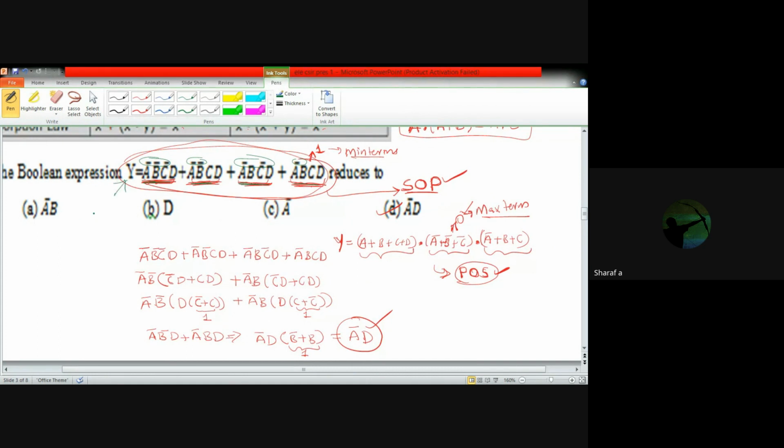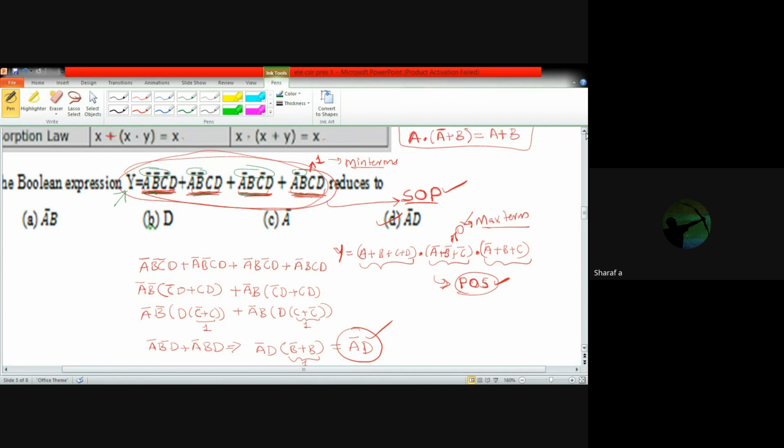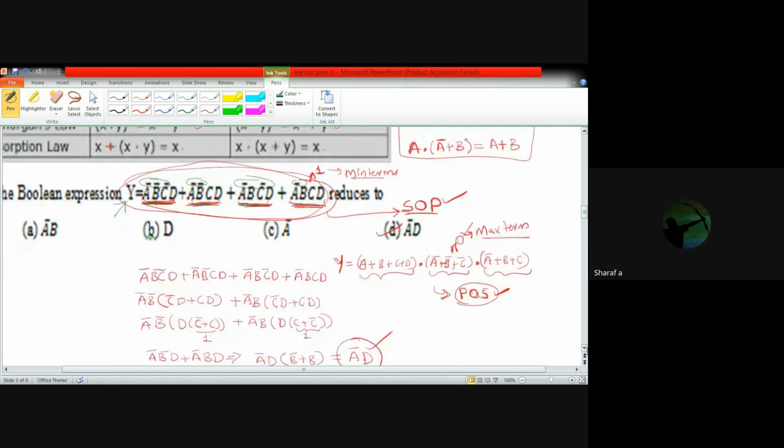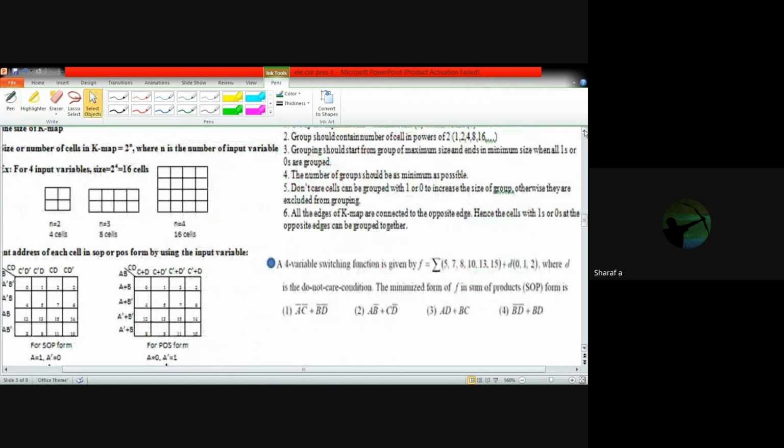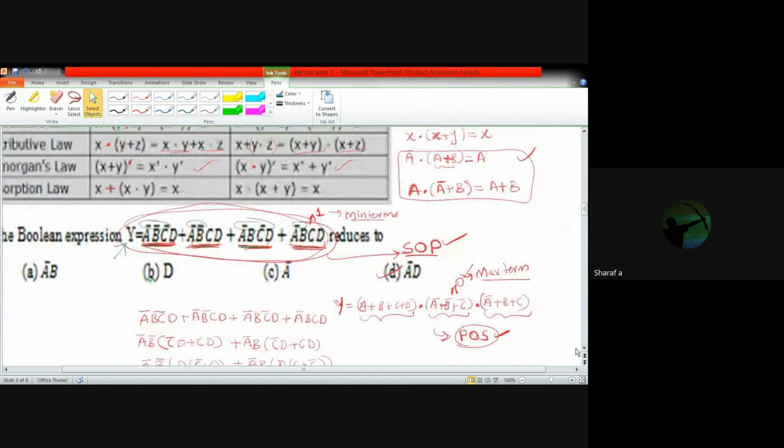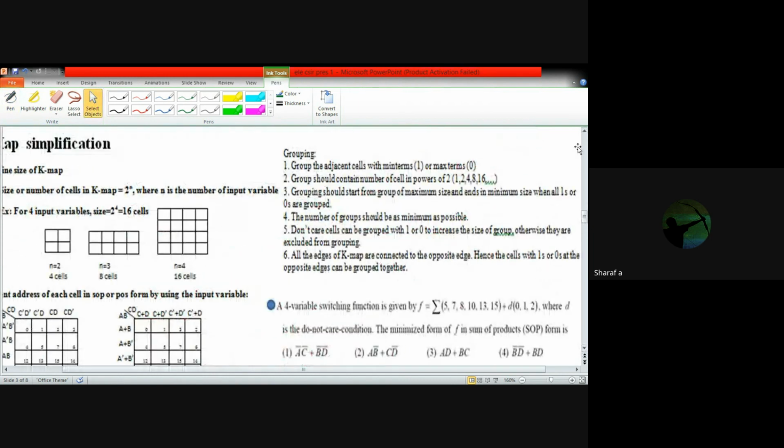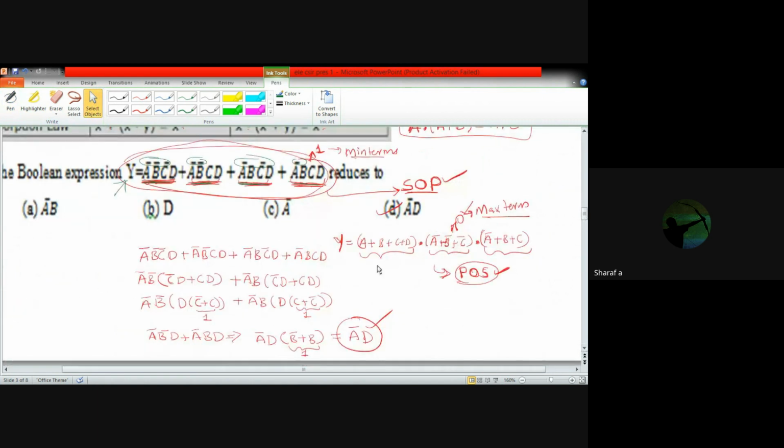Okay, but when you reduce that expression by using the Boolean theorems, different theorems or laws, then you can reduce that into a simplified form. As you can see here, this is A bar D, just A bar D. So this is the simplified form. By using those theorems and laws of Boolean algebra, you can reduce that big expression into a small expression where you will need only one AND gate.